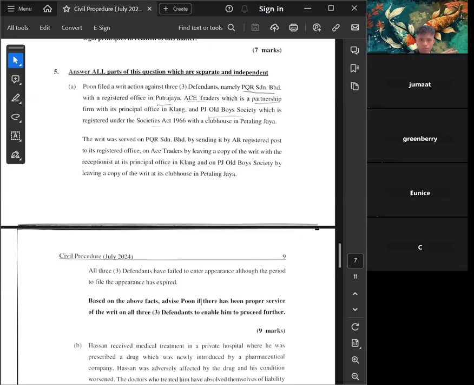Now the second one, Ace Trader is a partnership, so it is served at the receptionist. Is that valid? You may flip to Order 77 Rule 3. Then you can find your answer.